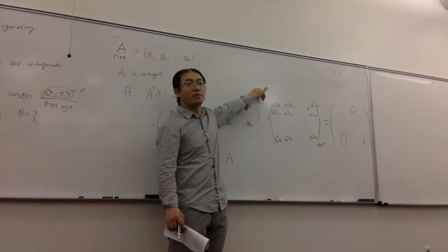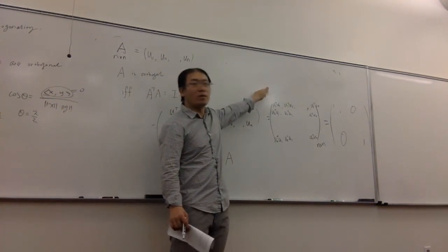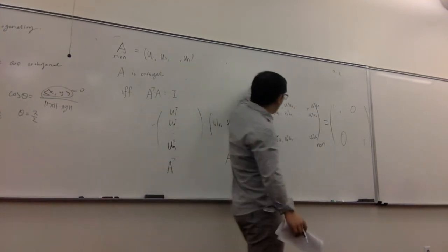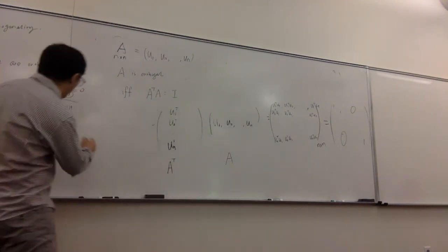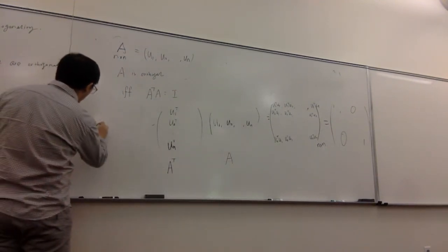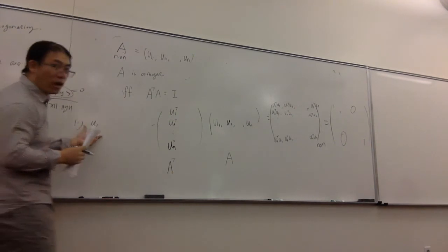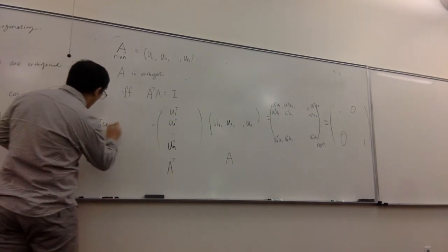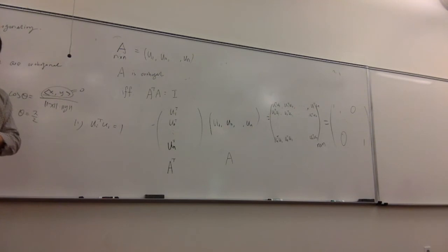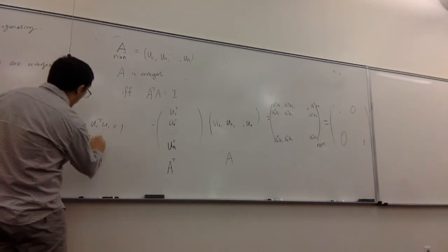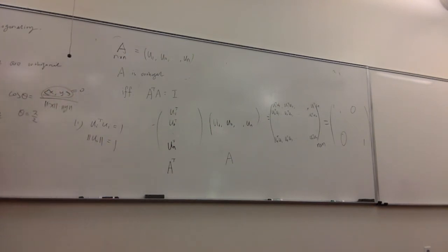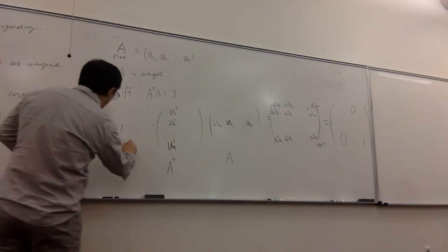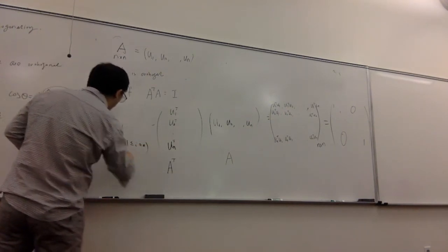So from the mapping between this result matrix and the identity matrix, first we can observe that for each column ui, ui transpose ui is 1, meaning that the Euclidean norm of ui is 1. And this is for all the column vectors.